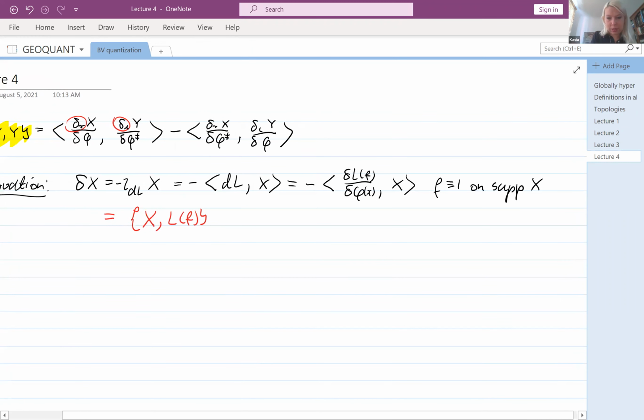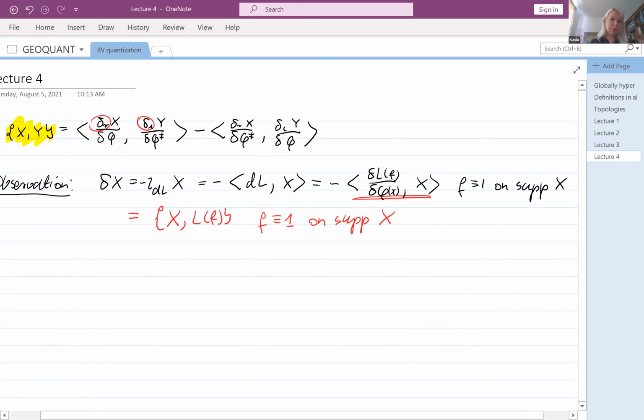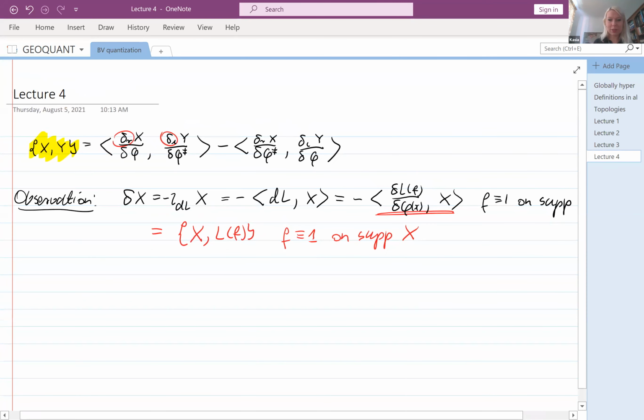So this is exactly that last bit, where f is identically 1 on the support of X. So one is used to the fact that, in nice cases, your differential is given in terms of the brackets somehow. Here it's almost the case, one only has to manipulate these supports so that everything works.